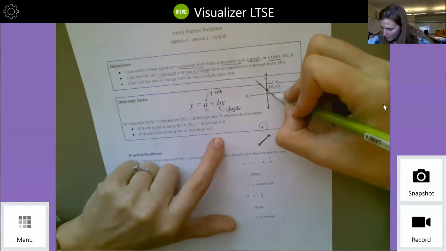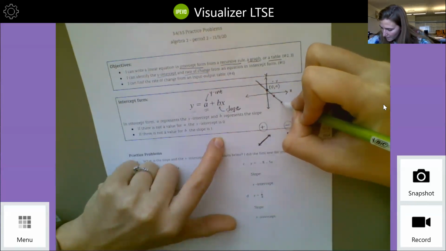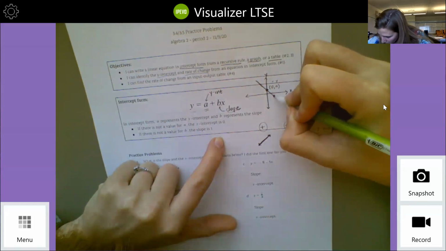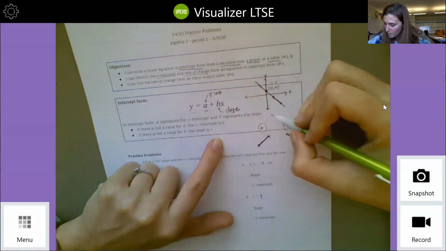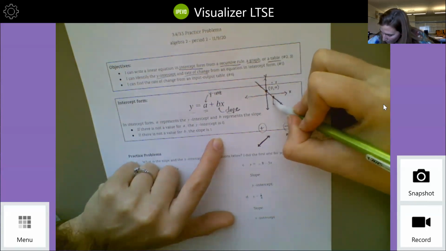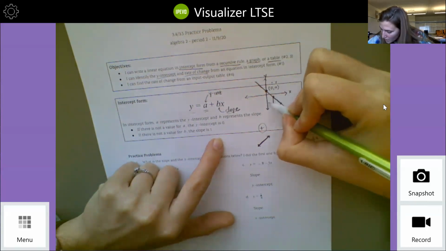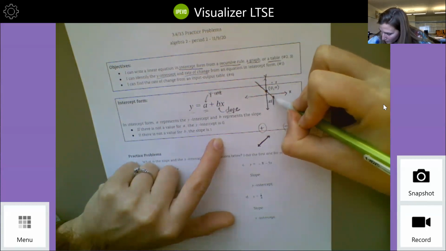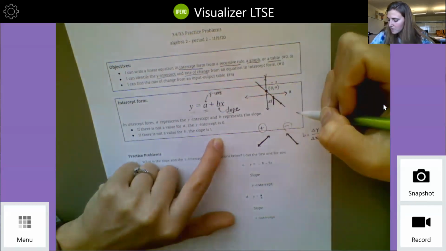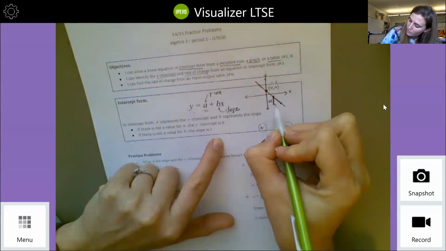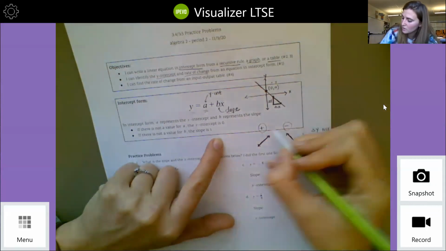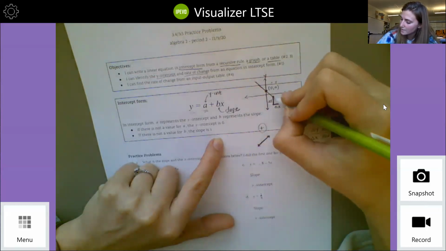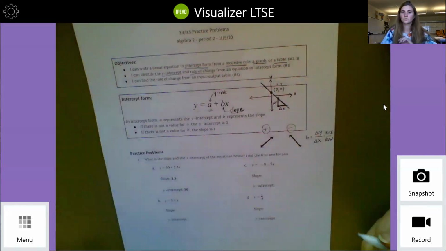If I have 2 different points on the line, and I'm trying to find the slope of this part right there in between, I'm going to look at the rise, so the change in y, the amount that we change vertically, and we divide it by the change in x, the run. So rise and run. Okay.